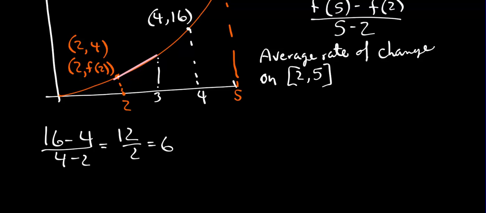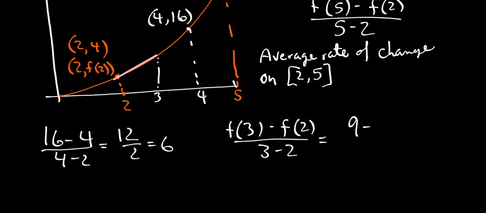And I could get the average rate of change at 3 as well. Okay, so I would do f of 3 minus f of 2 over 3 minus 2. So this would be 9 minus 4, which is 5. Okay.